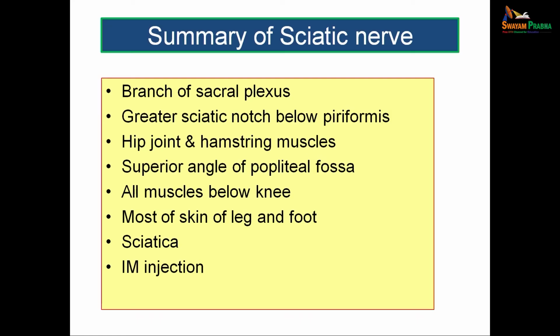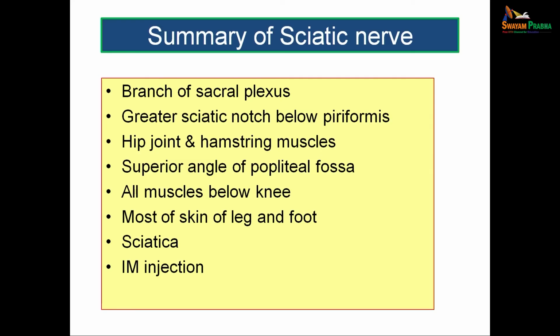It supplies most of the skin of the leg and foot through its terminal branches, except for a small area along the medial side of the leg and the foot up to the ball of the great toe, supplied by the saphenous nerve, which is a branch coming from the femoral nerve. So, the whole of the leg and the foot except for this medial area has loss of sensation or anesthesia.